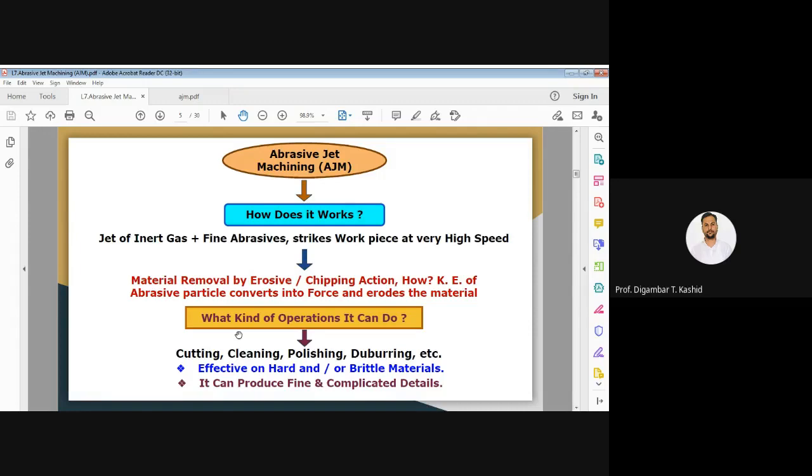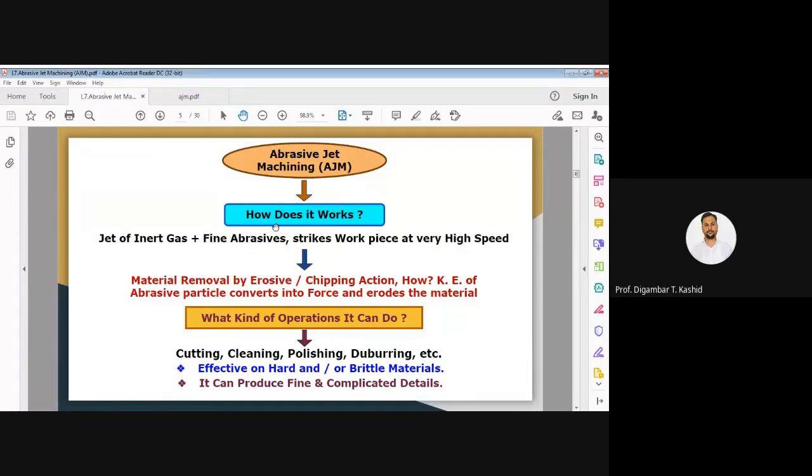Okay, so here the important point is how this AGM is going to remove the metal. So the answer will be the kinetic energy of your abrasive jet. And when it strikes your workpiece, due to the high velocity, that is near 300 to 500 meters per second, due to that hitting, the erosion action will take place on the top surface of the workpiece, and due to that erosion, material will be removed.